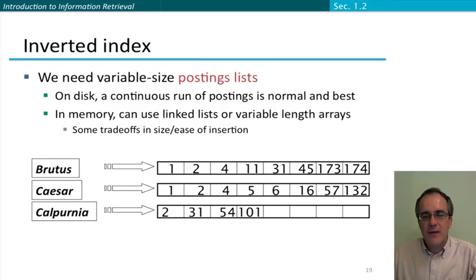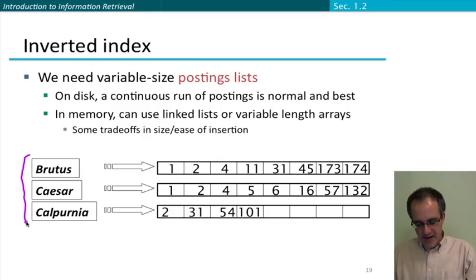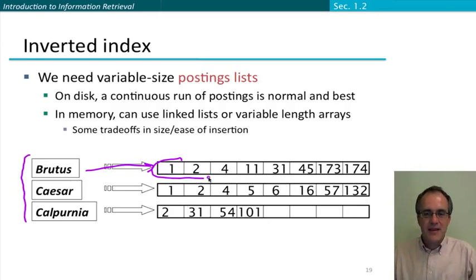So the data structure that we end up with for an inverted index is like the one that I'm showing here. We have the terms that are in any of our documents, and then for each term we've got a pointer to a postings list that is giving the different documents, described by their document ID, in which it occurs.